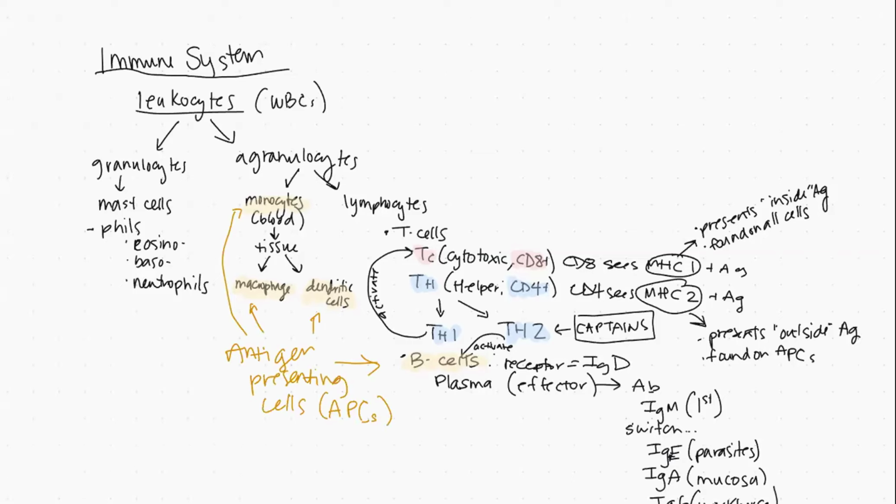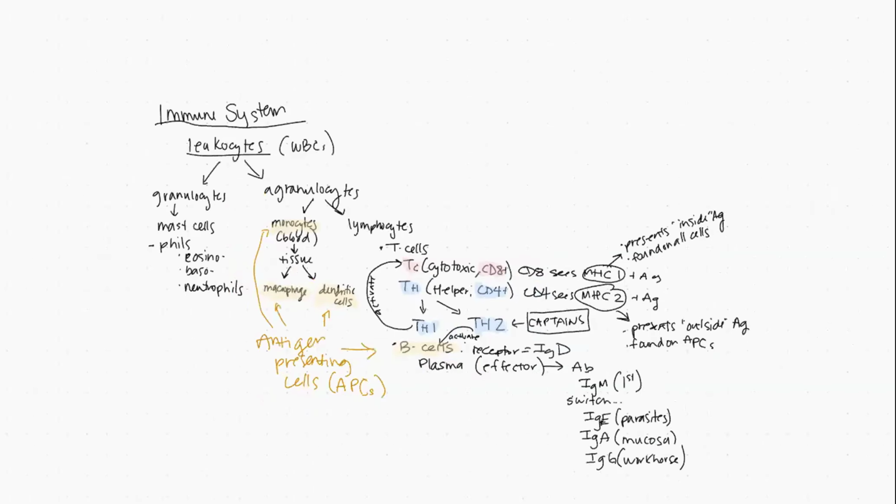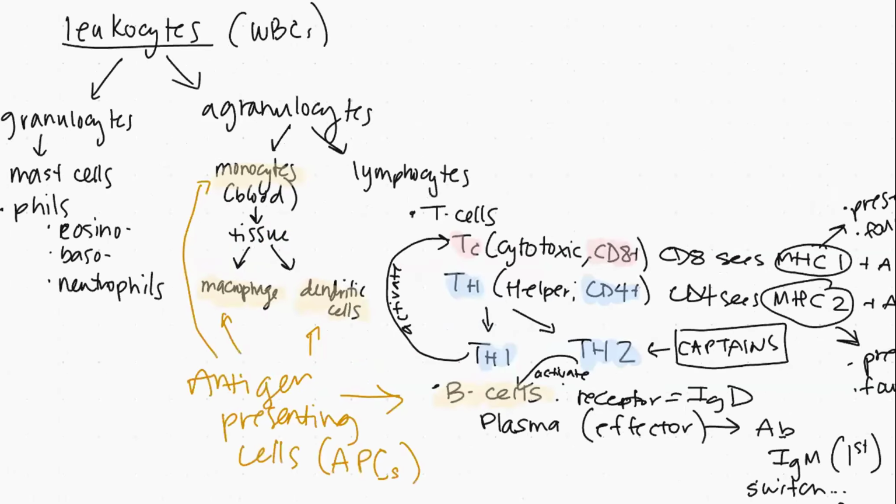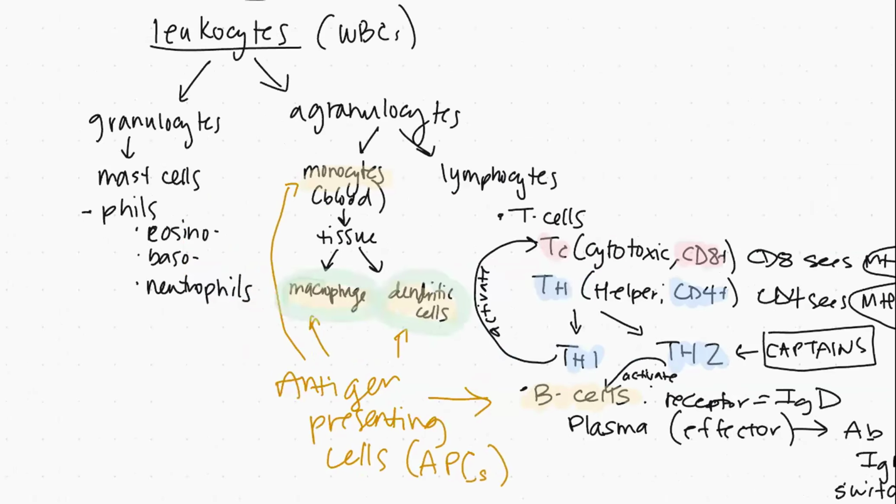Two of these antigen presenting cells are also phagocytes. So let's mark our phagocytes. We'll do them in green. I'm going to do that as a highlighter. So macrophages and dendritic cells and monocytes, as well as neutrophils.